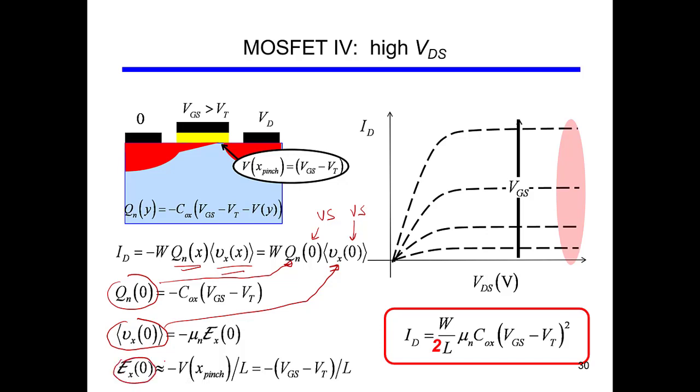We also know the electric field. Now the electric field is different compared to the linear region. It is minus Vx pinch off divided by L, and V pinch off is basically VGS minus VT.